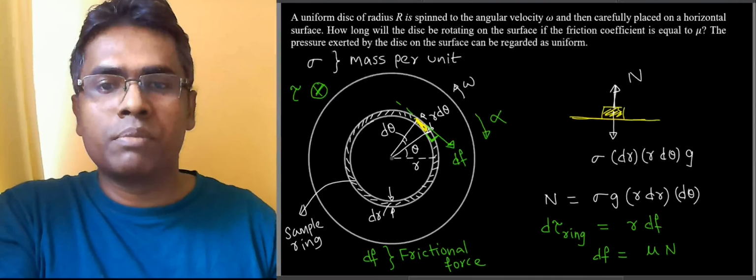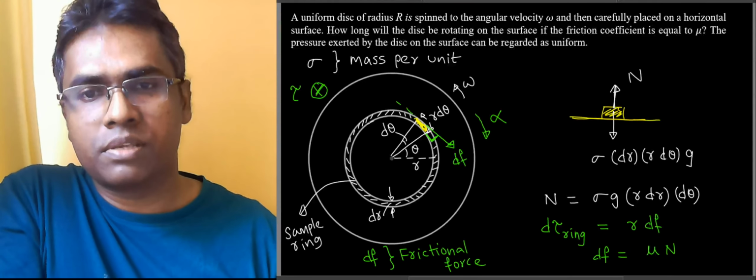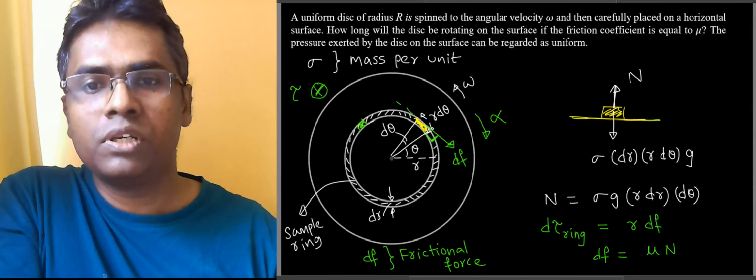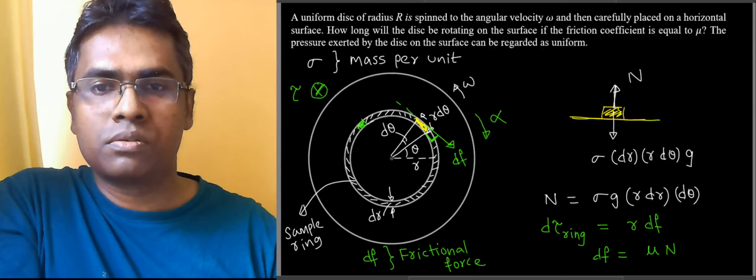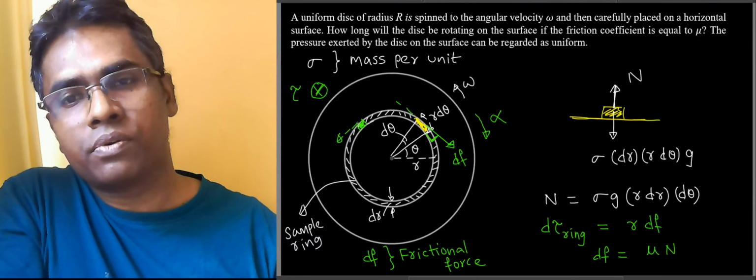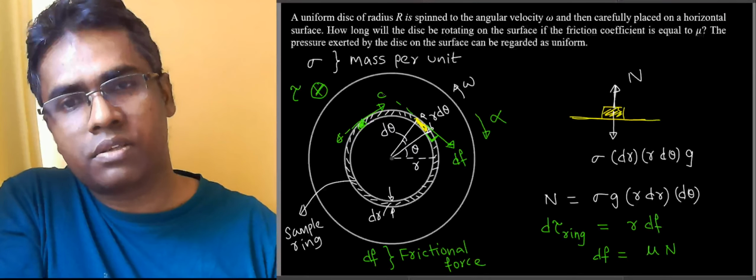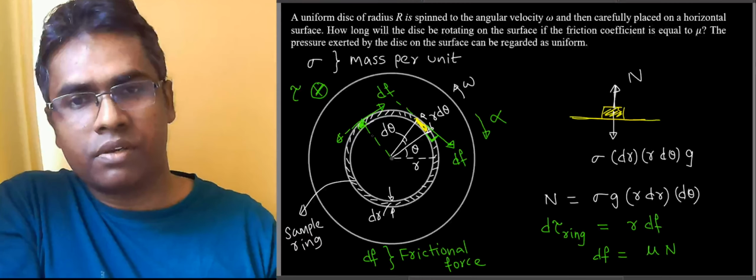Now let us imagine this. Suppose I take a different section, some section here. Now this section is also, let's say, at that instant will have velocity in that direction. So the frictional force is in the opposite direction. So let's call that also dF. This is the position vector.